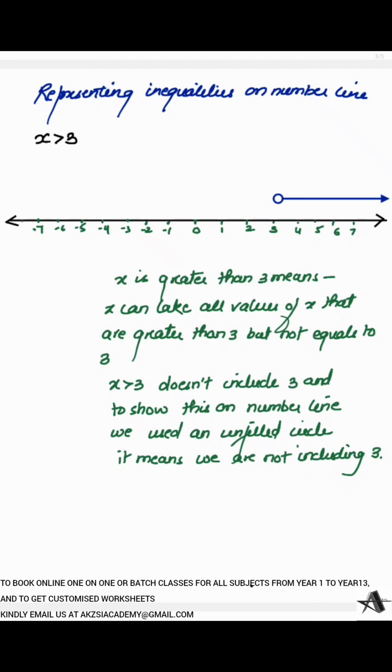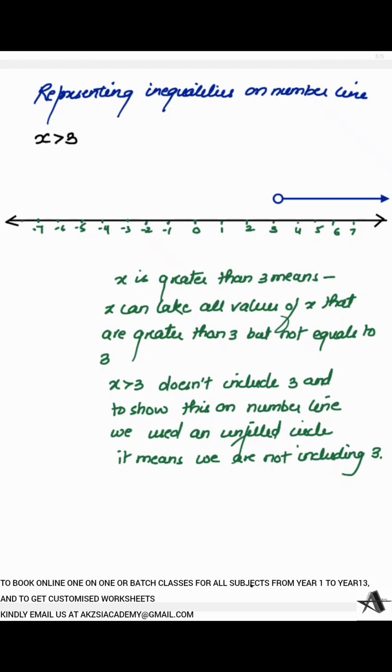So x greater than 3 represents all the values of x greater than 3, and they are infinite. It's not including 3, and on the number line we represent that with the unfilled circle.